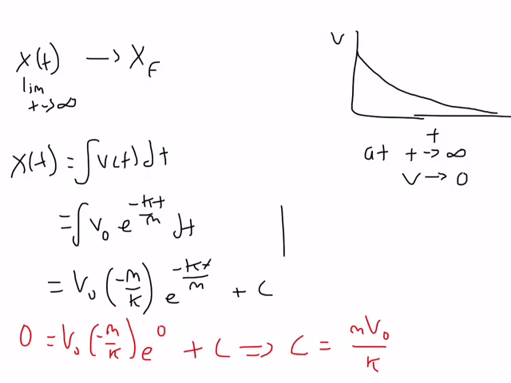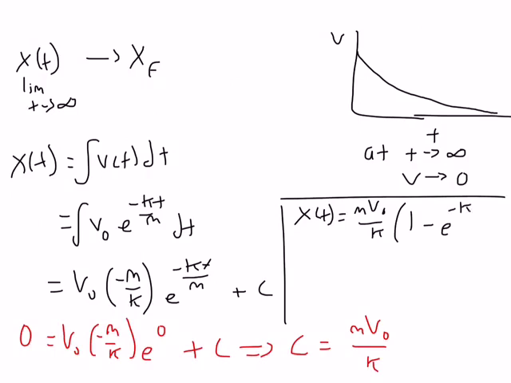Right, so let's put a little space here. So we can factor out that m v naught over k. We get 1 minus e to the negative kt over m. Right? That's factoring out, this term I factor out all of it, so there's the 1 left over. We have a negative sign there, so that's why it's 1 minus.